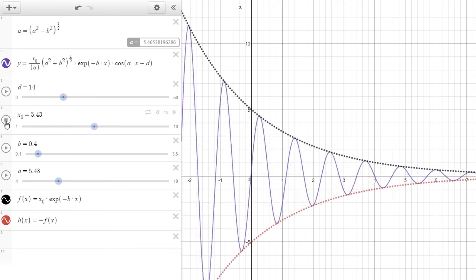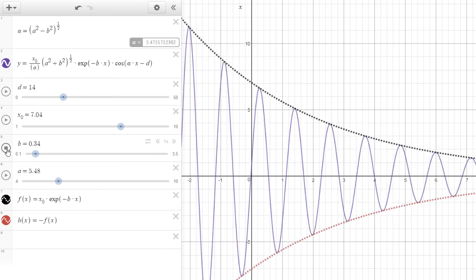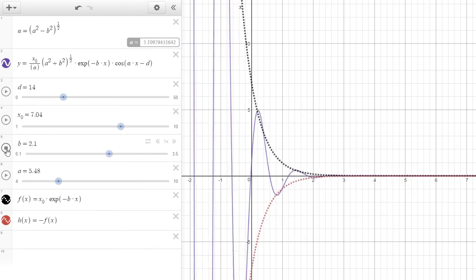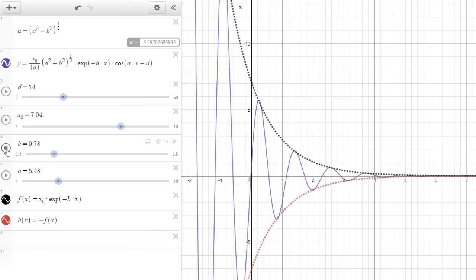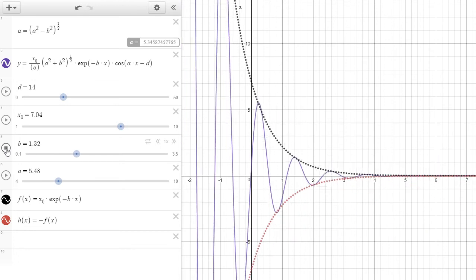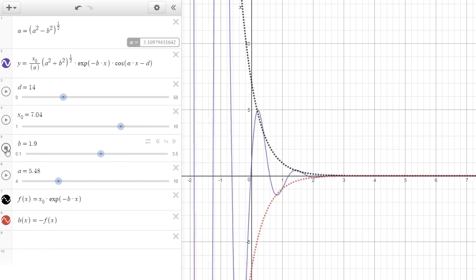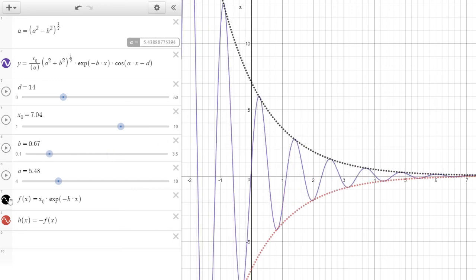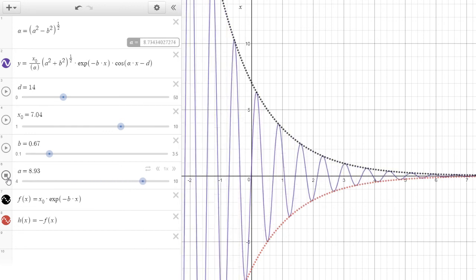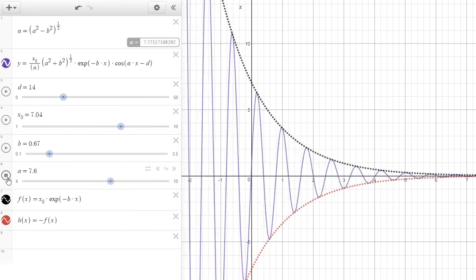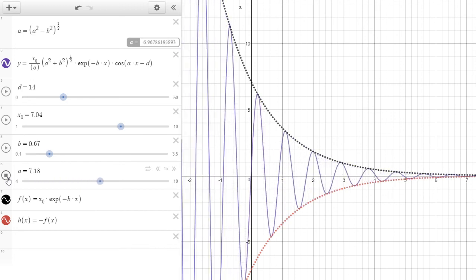I can also change the factor of b, which is directly related to the viscosity of the fluid which the mass is going to move in, and you can see the damping changing there. If I just pause that there, I can also look at the value of a, which is going to be the stiffness of the spring, and you can see the natural frequency of the system changing.